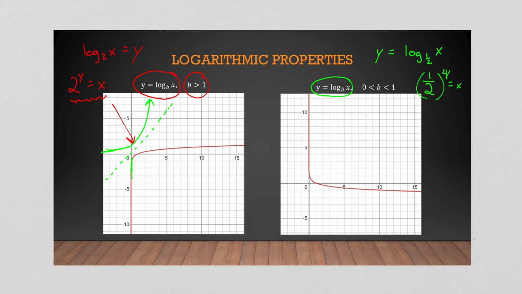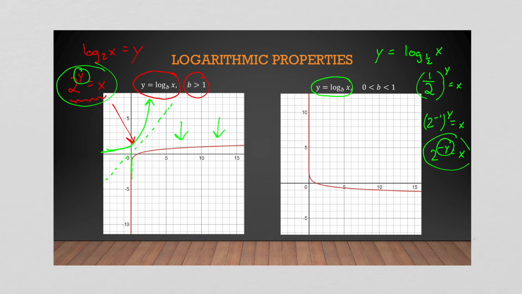But what we actually have is 2 to the negative 1 to the y, so we have 2 to the negative y. So if you compare this with this one over here, basically this graph here in red, here we have positive y values, here we have negative y values, which if you remember from transformations is a reflection of our y values, so a reflection in the x-axis.